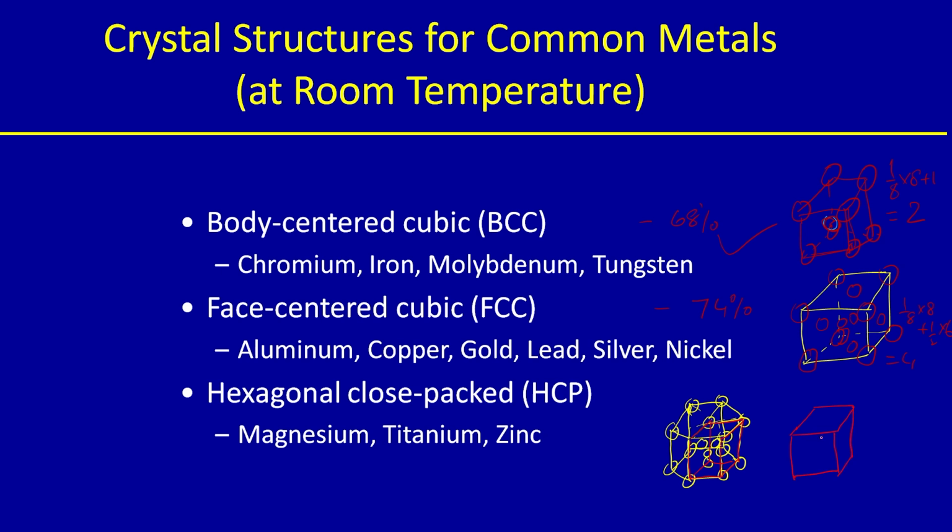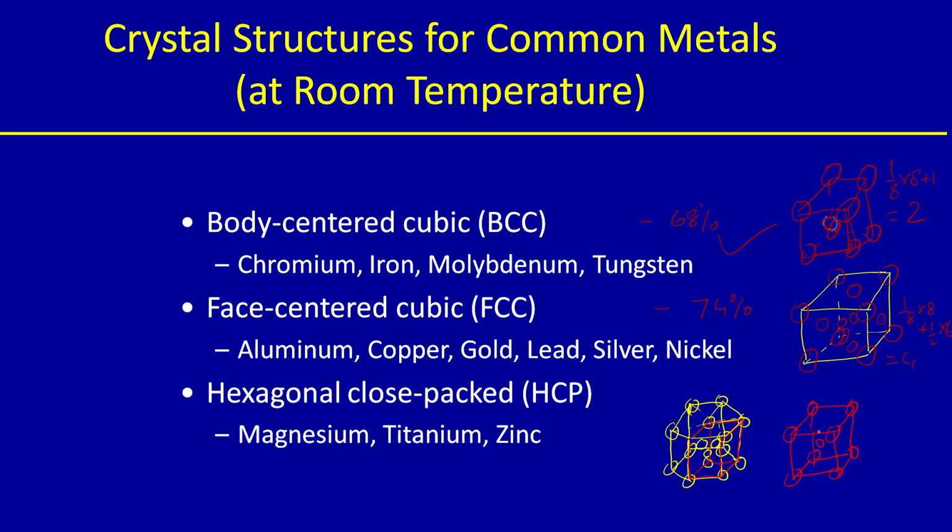This is a rhombohedron, not a cube, basically a rhombus in 3 dimensions. Each corner of the rhombus has one atom, and here at the center you have one atom. So, how many effective atoms does the hexagonal crystal have?